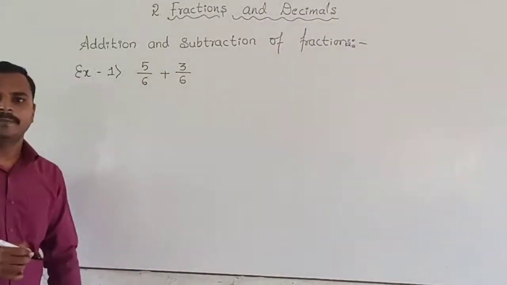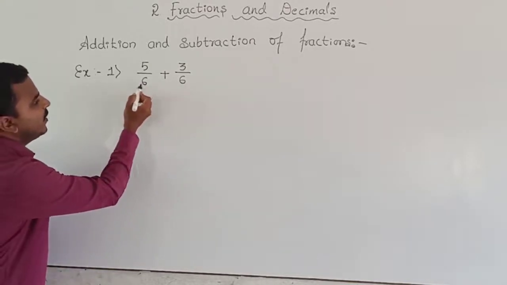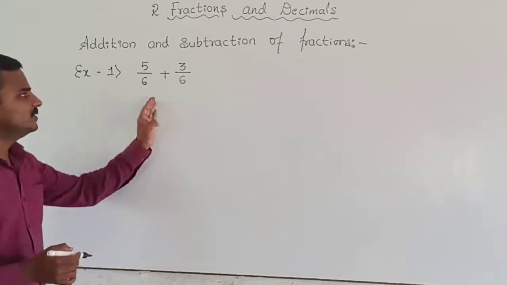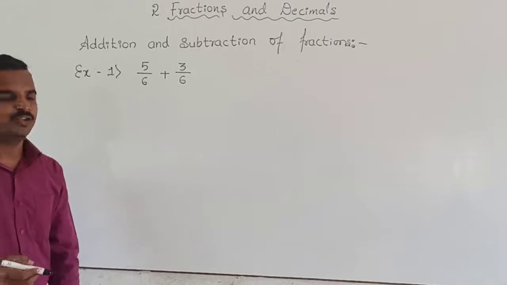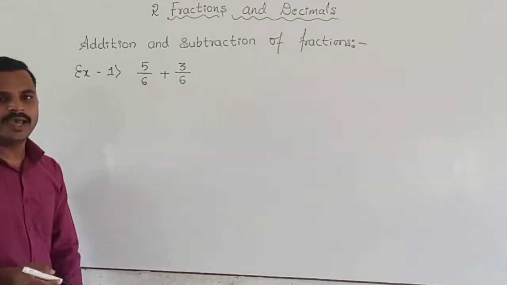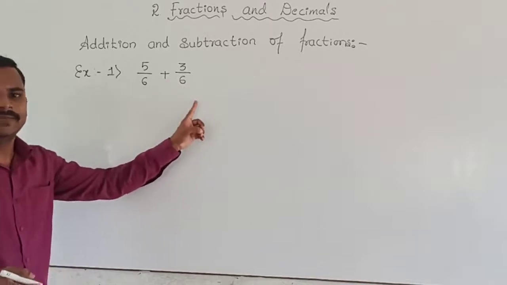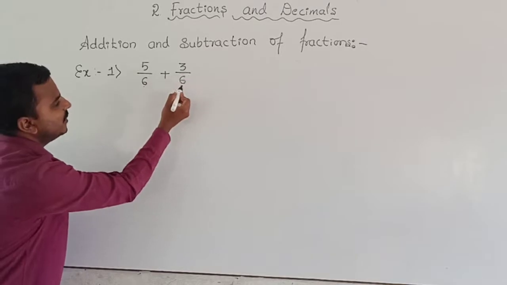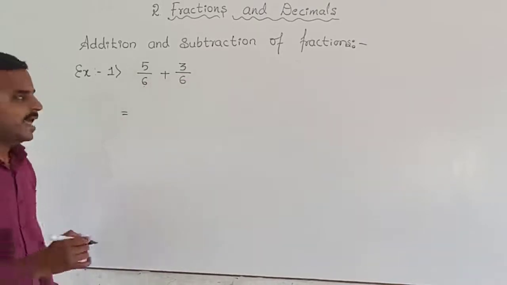Both fractions have the same denominator, so there is no necessity for taking the LCM or cross multiplication. You can solve this directly when the denominators are the same. The first denominator is 6 and the second fraction's denominator is also 6. In this case, you can solve it directly.